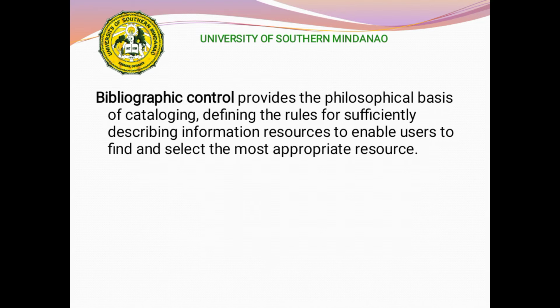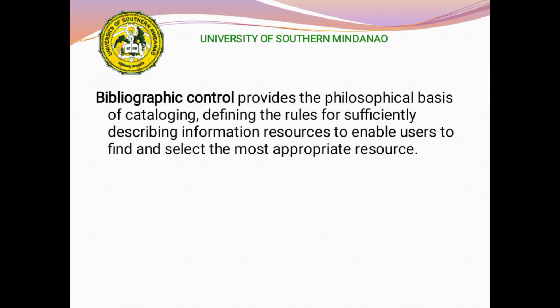The next is bibliographic control, which provides the philosophical basis of cataloging, defining the rules for sufficiently describing information resources to enable users to find and select the most appropriate resources.